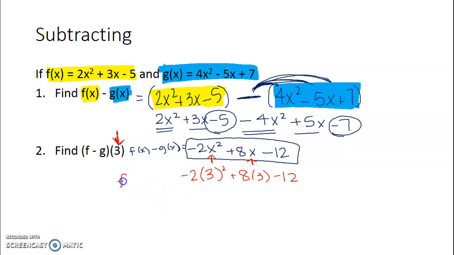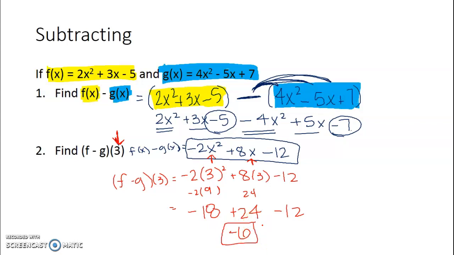And then I can go ahead and do the problem. So 3 squared is 9. Times negative 2 is negative 18. 8 times 3 is 24. And then minus 12 is negative 6. So that's my final answer.